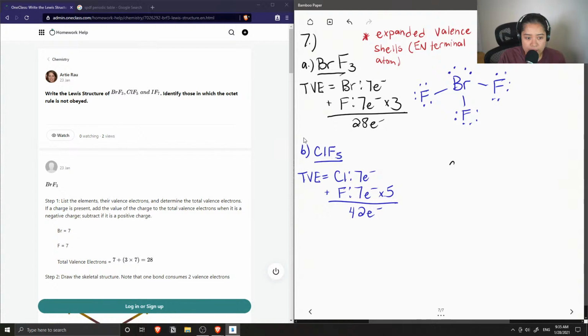So now let's show chlorine as our central atom. And then I'll draw in 5 single bonds to fluorine. And I'll draw in the lone pairs.